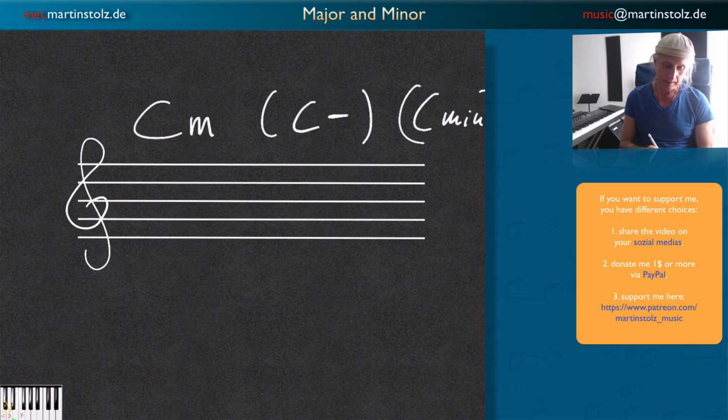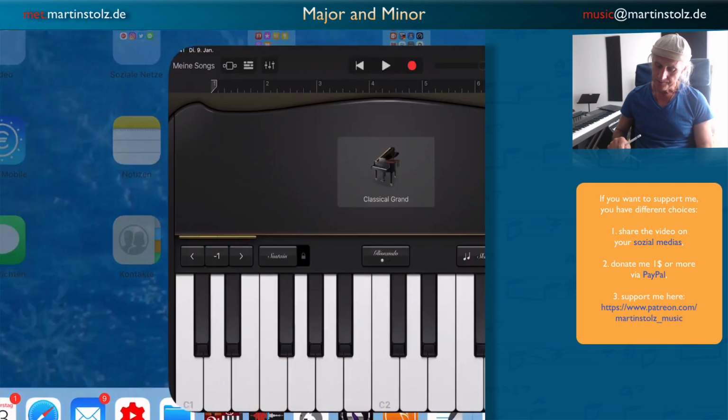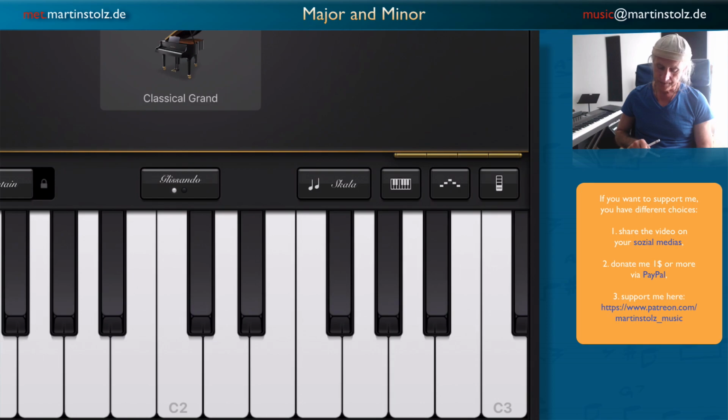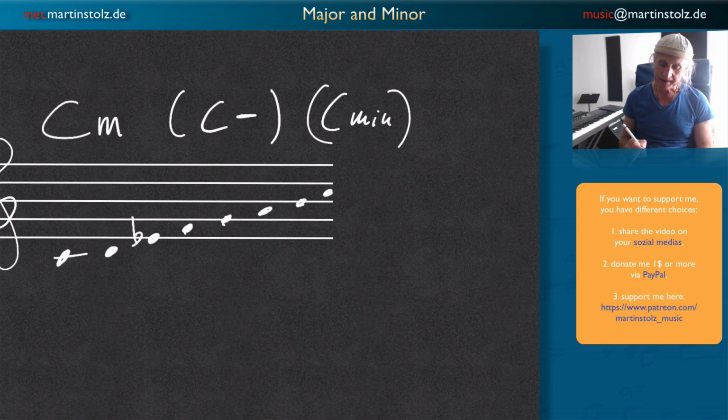So, I write down the scale we had here. And if we play this scale, just playing it, I do it here. You hear the sound, and this sound is a minor sound, and this minor sound is called melodic minor.